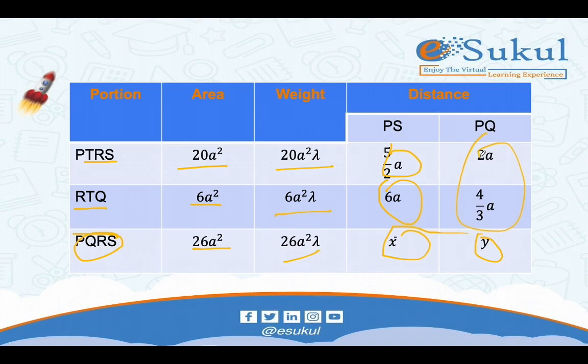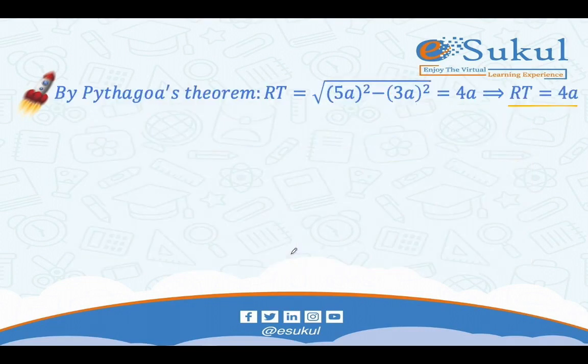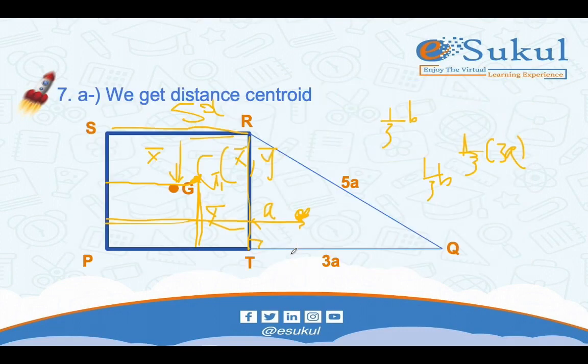Now for PQ, we come back to the box diagram. PQ we have from here to here. Now we start with the square lamina PTRS, which goes down equally with 5A on 2.